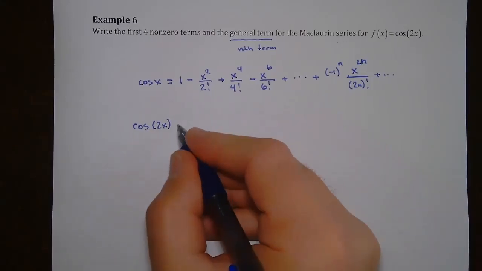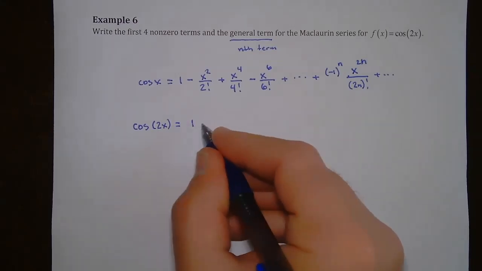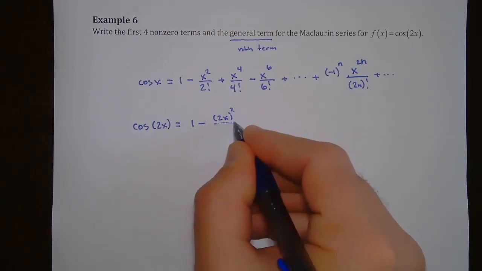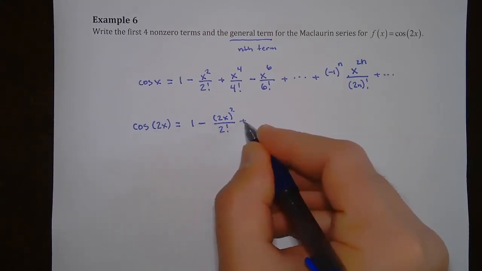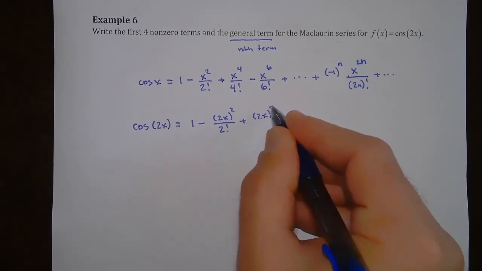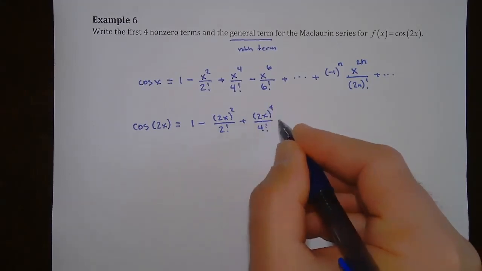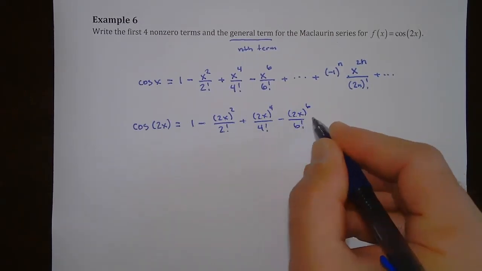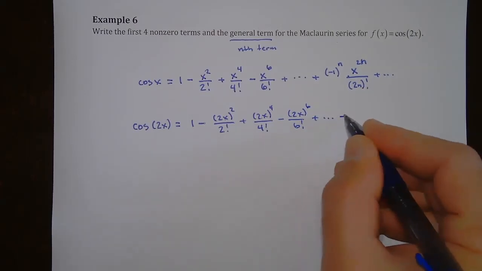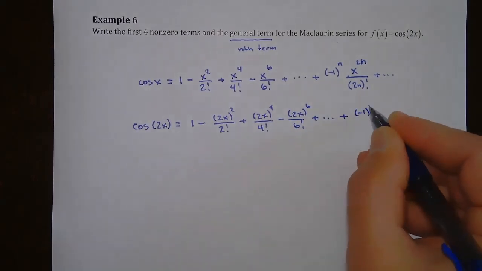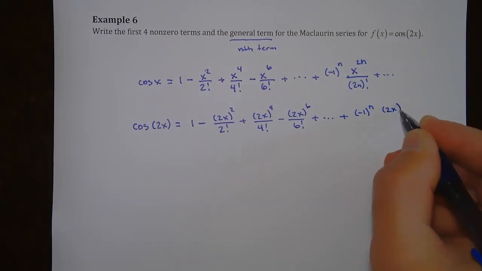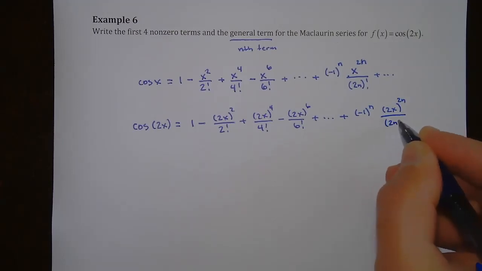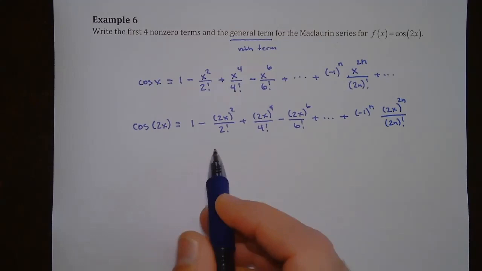So this becomes 1 minus 2x squared over 2 factorial plus 2x to the 4th over 4 factorial minus 2x to the 6th over 6 factorial plus dot dot dot plus -1 to the n, 2x raised to the 2n power over 2n factorial. Okay, so we're going to clean this up a little bit.